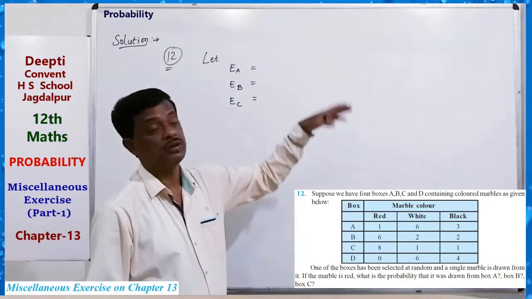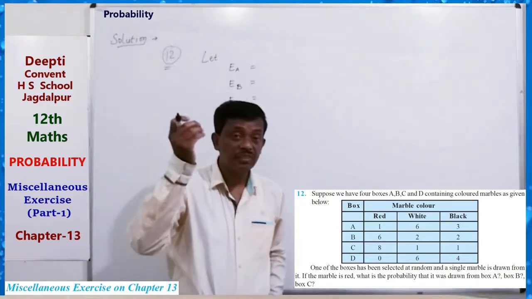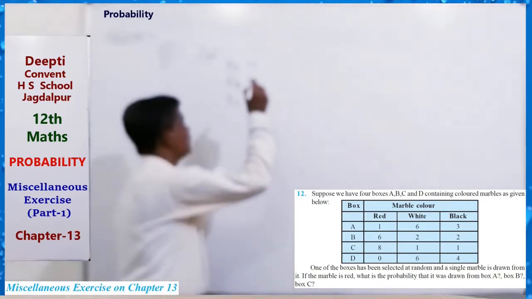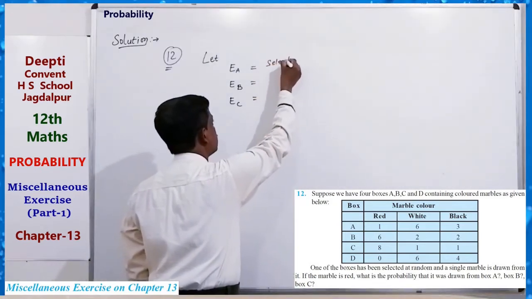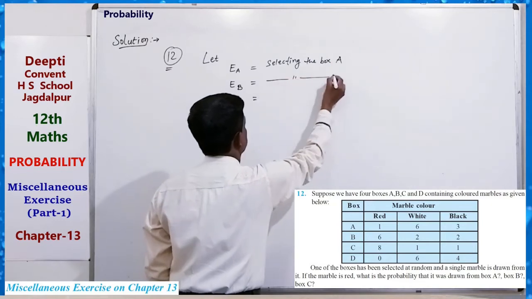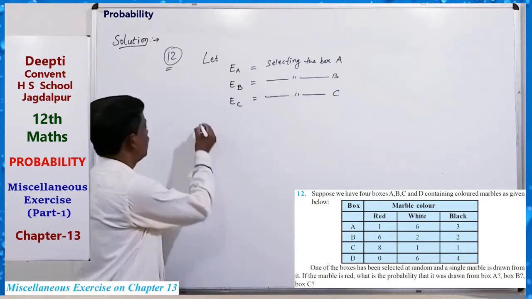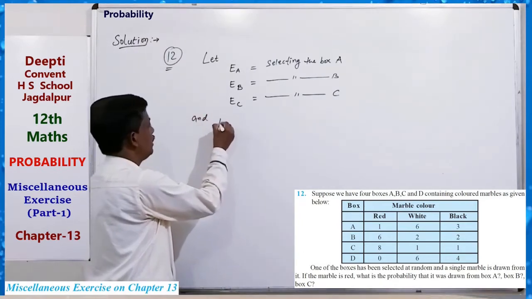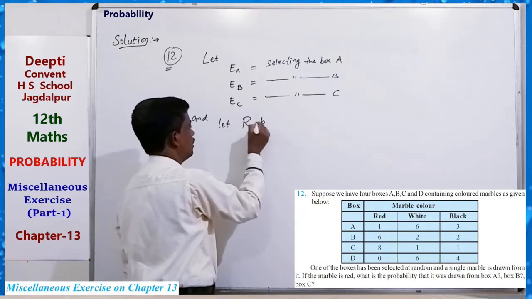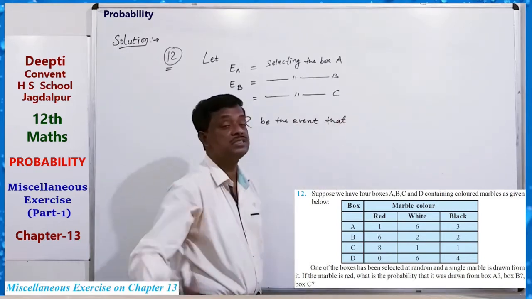So let EA, EB, EC be the events of selecting box A, box B, box C, and let R be the event that the drawn ball is red.